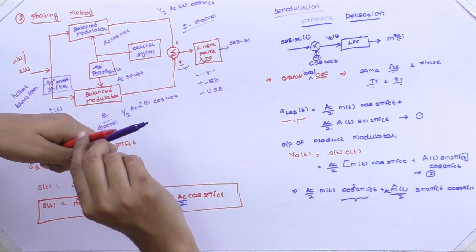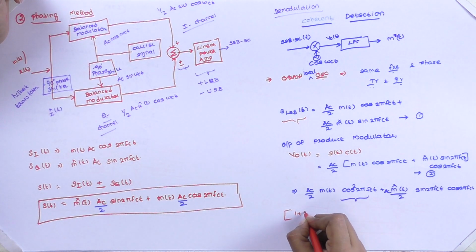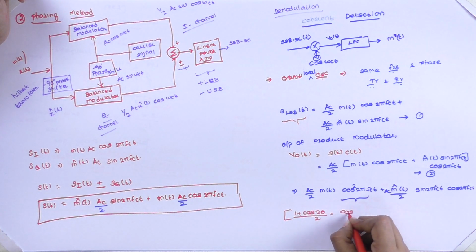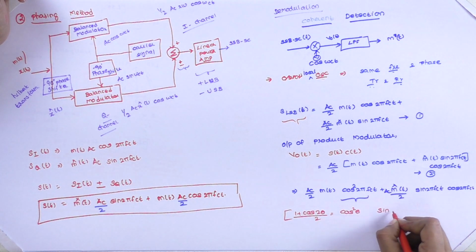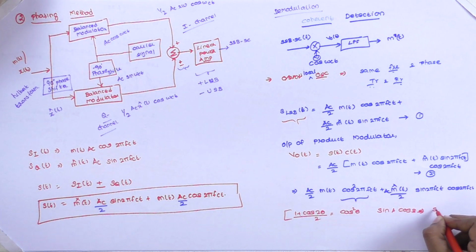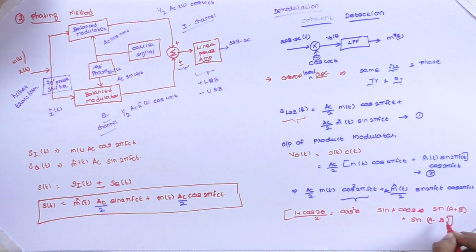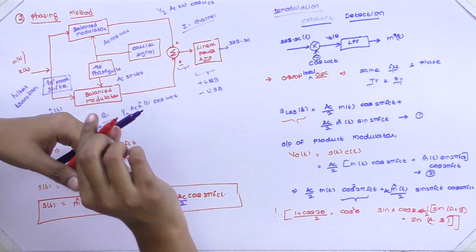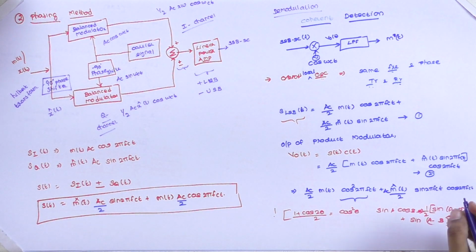We are going to replace cos square theta with the trigonometric formula 1 plus cos 2 theta divided by 2, and sin A cos B will be replaced by sin A plus B plus sin A minus B by 2. So with the help of the trigonometric identity formula, we are going to solve this equation. We are taking this as equation number 3.